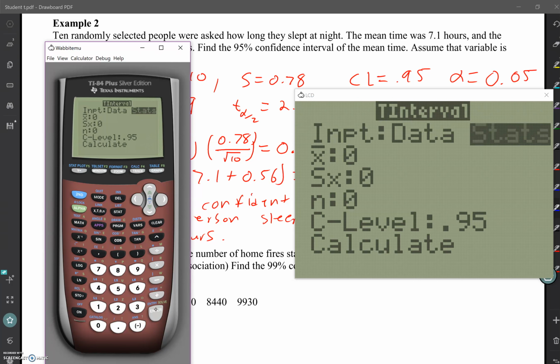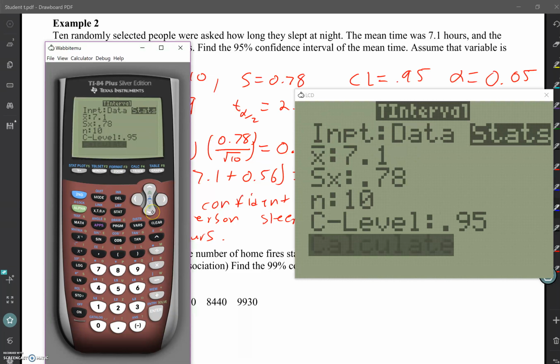Again, we have stats because it summarized all the information for me. So I can tell it that X bar was 7.1. T interval. You're building an interval. And then my S is 0.78. N is 10. And we want to be 95% confident. So 0.95.